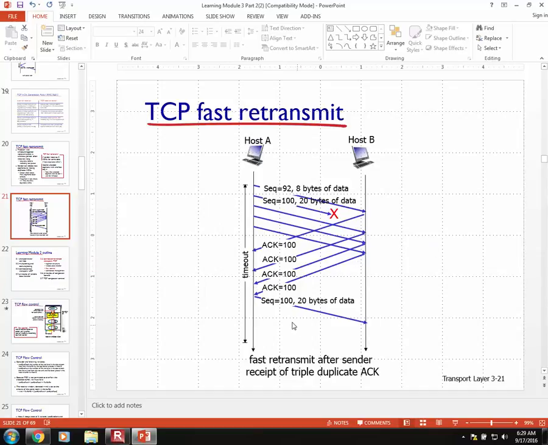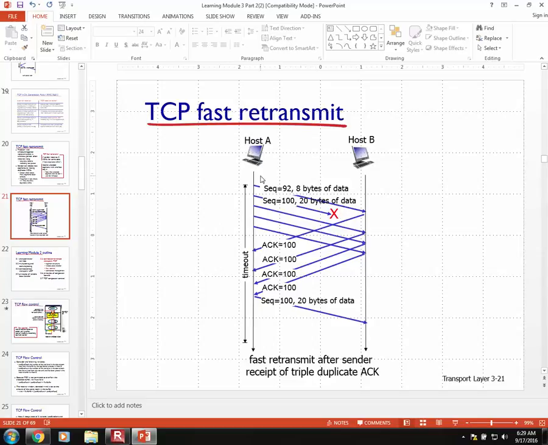So what this ends up looking like from the point of view of the sender is it sees a duplicate acknowledgement, because every time host B receives a packet that's out of sequence from the second packet which was lost, it re-acknowledges the last good packet.